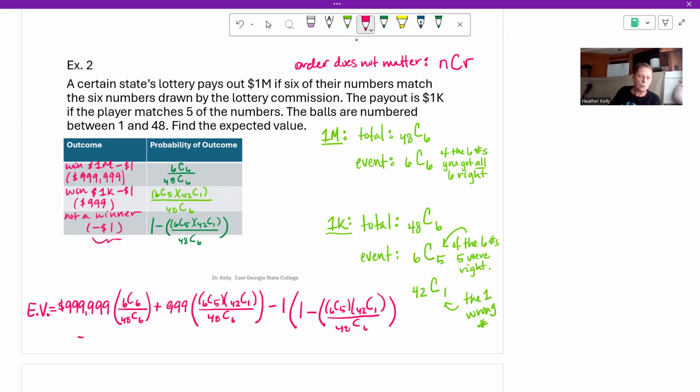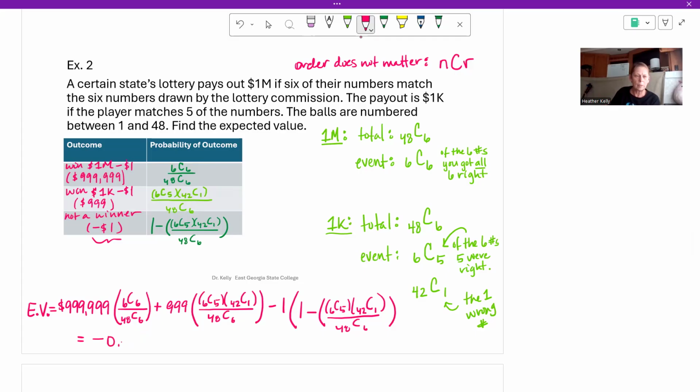And after you do the math there, we're going to get negative 0.898. Oops, what happened there? I have no idea. I must have pressed a button on my stylus.